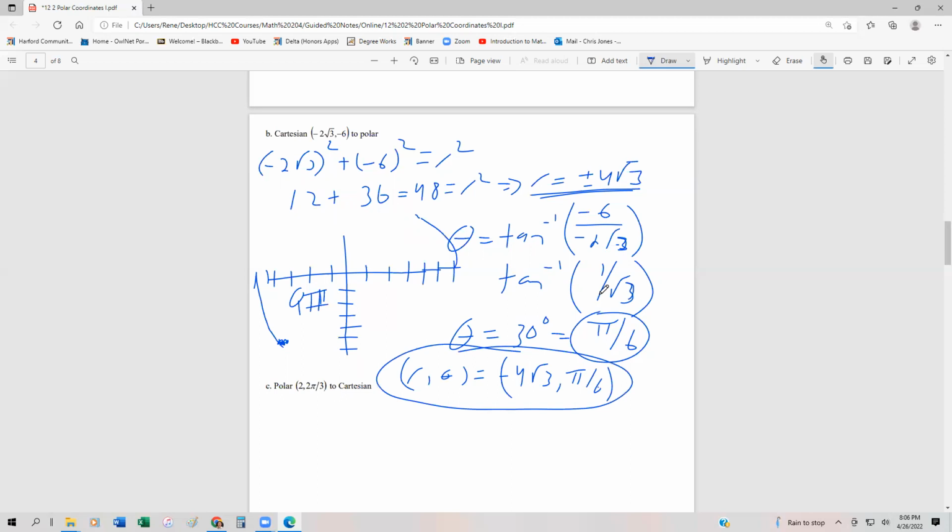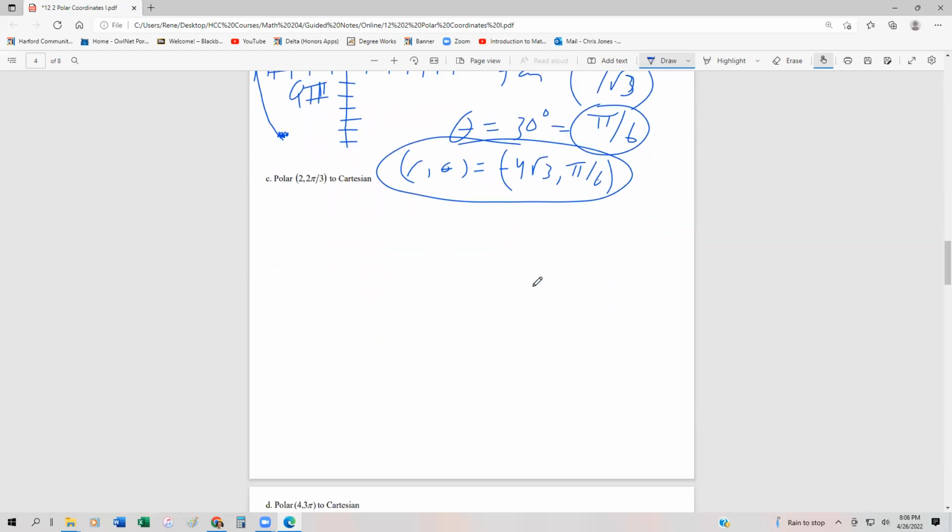All right, now if we want to go the other way and convert into Cartesian, it's actually a lot easier, because remember we said that x equals r cos theta, and in this case we have r equal to 2 and theta is 2 pi thirds. So we just substitute. So 2 cos 2 pi thirds.